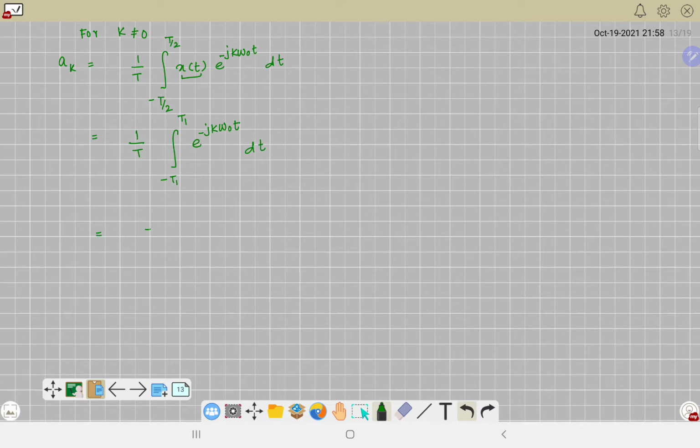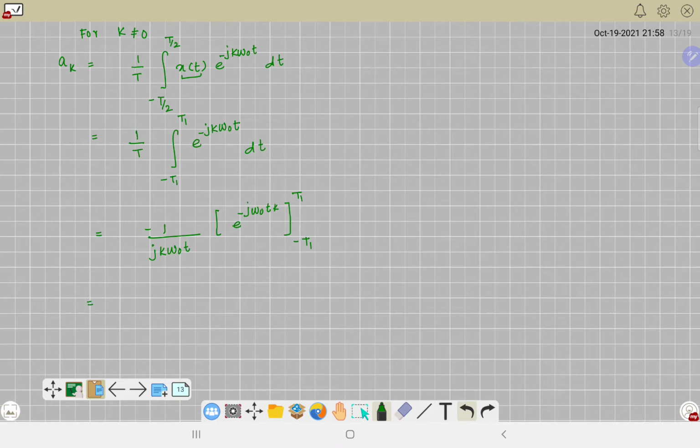So this will have a value of minus 1 by j k omega naught, with the exponent outside, and the limits applied like this.